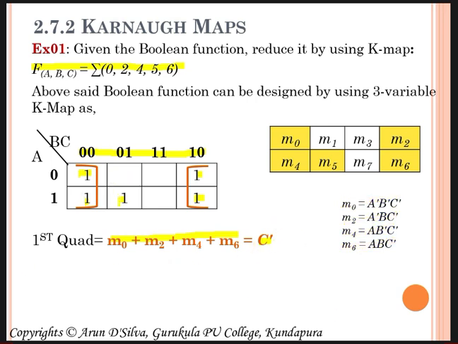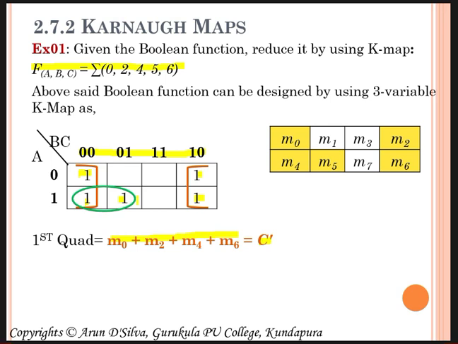There is one more left out. What do we do with this? It is only a single one left out and no other ones are there, so we pair it with the neighboring one. This one is already involved in the group of the quad. But can we involve it in another group? Yes.